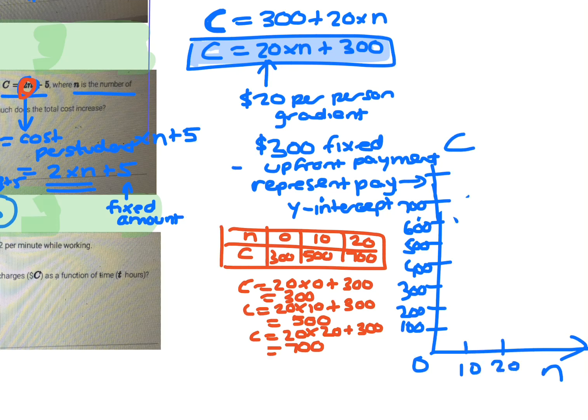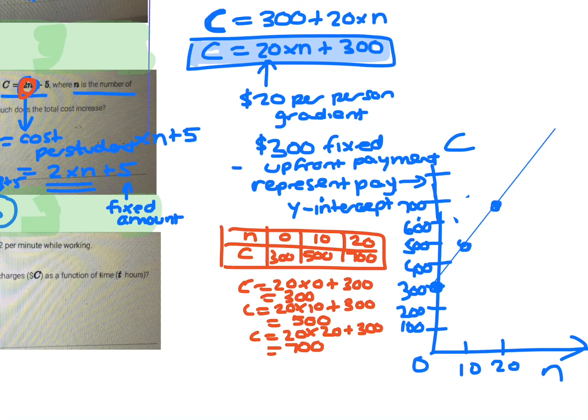So when it's 0, it's at 300. When it's 10, it went up to 500. When it was 20, it went up to 700. So then if you drew the line that went through there, it would look like that.